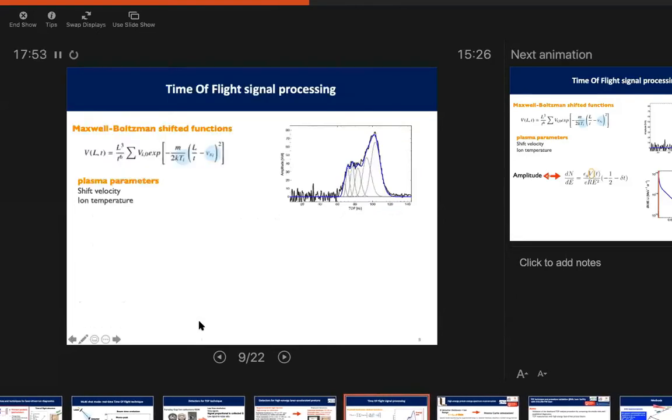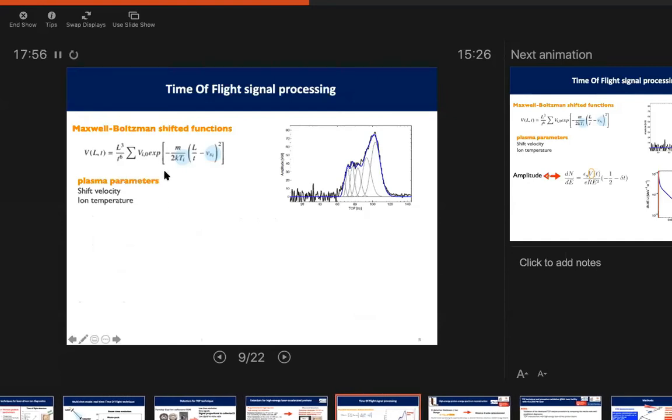Then let's talk about the signal processing. Again, this is a typical time of flight signal. You have time of flight and amplitude. What is typically done in this application, when you know the kind of particles, for instance in this case we had only protons, is to try to deconvolve and reconstruct the signal using functions called shifted Maxwell-Boltzmann functions, which depend on two plasma parameters, called shift velocity and ion temperature.